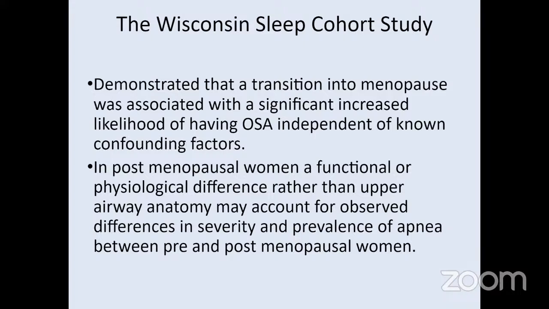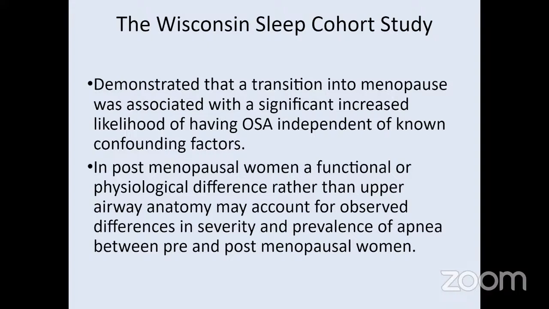The Wisconsin Sleep Cohort Study demonstrated that a transition into menopause was associated with a significant increased likelihood of having obstructive sleep apnea independent of known confounding factors. In post-menopausal women, a functional or physiological difference rather than upper airway anatomy may account for observed differences in severity and prevalence of apnea between pre- and post-menopausal women.